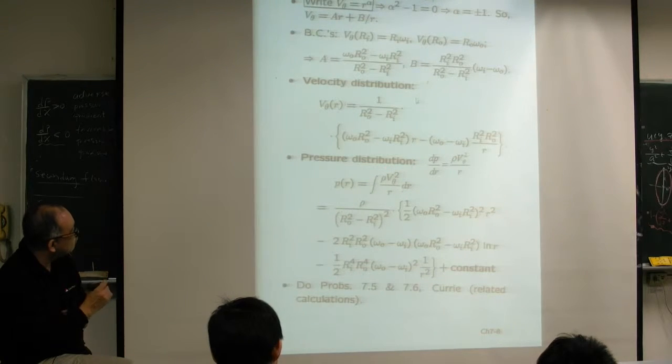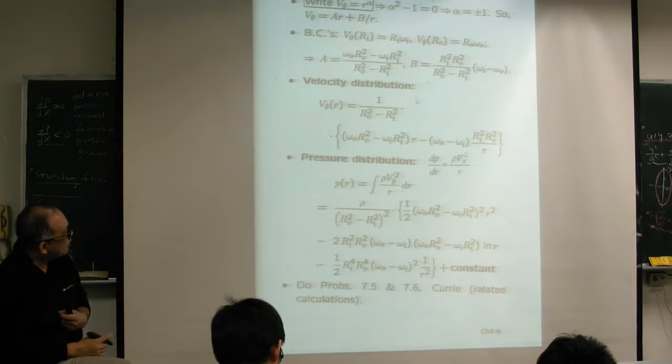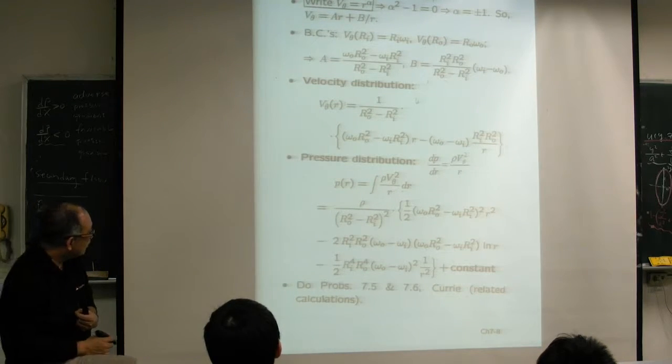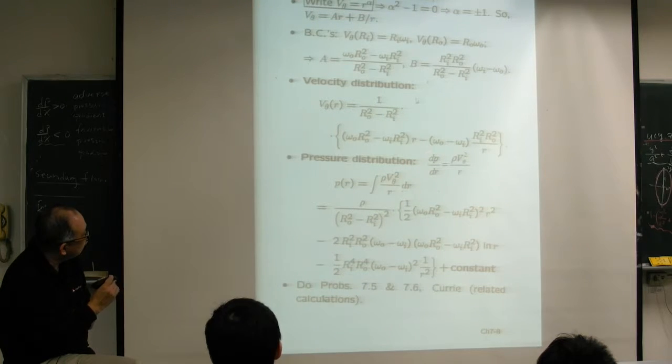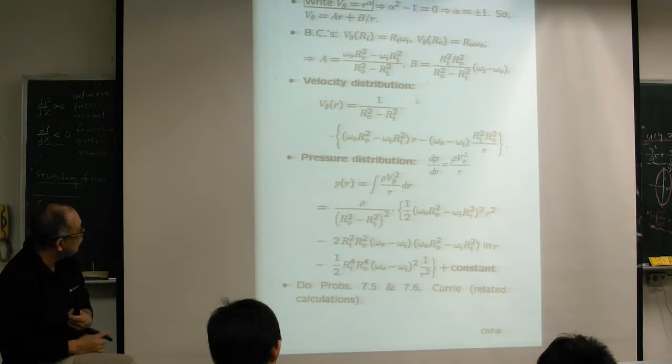For this solution, everything becomes squared, and we do the integration and you can find this. Okay, so this is the pressure gradient, which we can integrate from this r direction momentum equation.